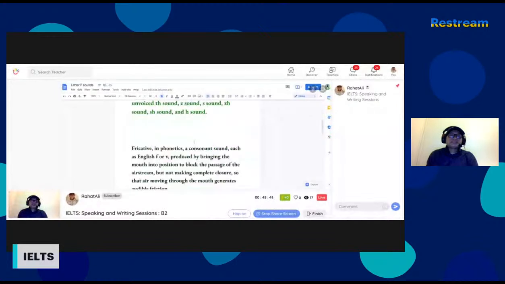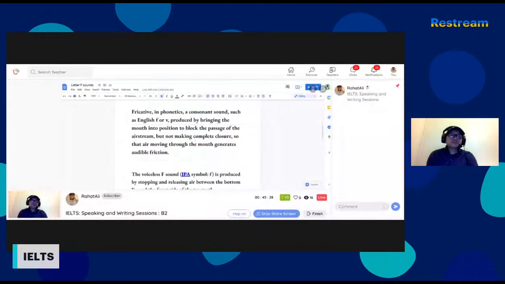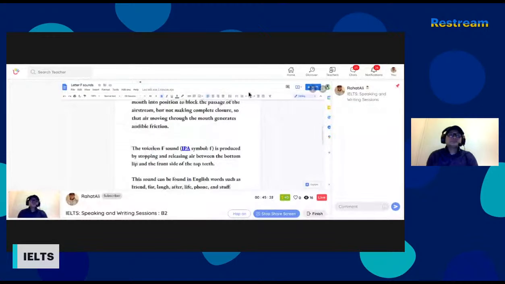Fricative in phonetics, a consonant sound such as English F or V, produced by bringing the mouth into position to block the passage of the airstream, but not making complete closure, so that air moving through the mouth generates audible friction. That's why it's called fricative.